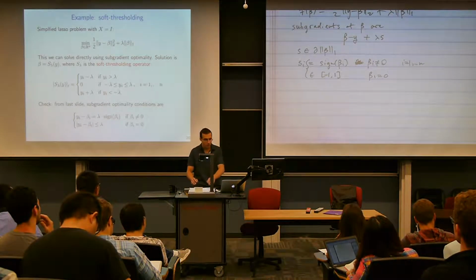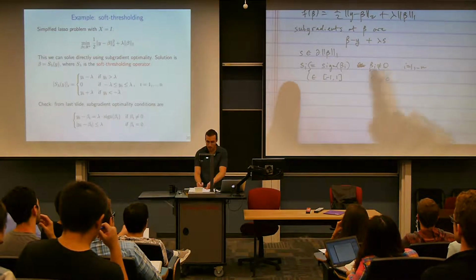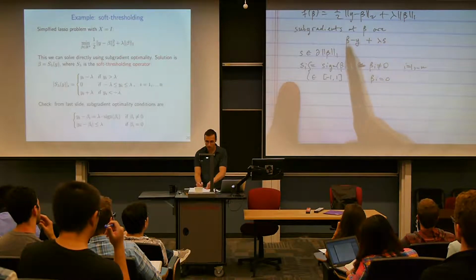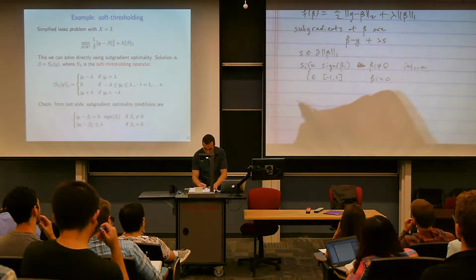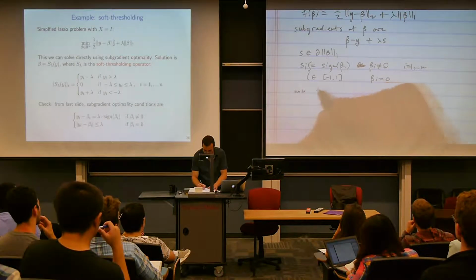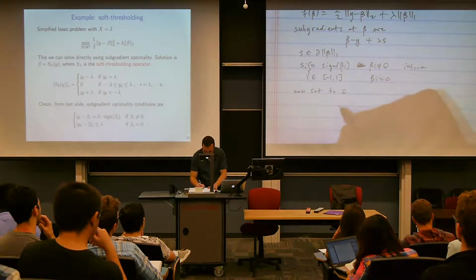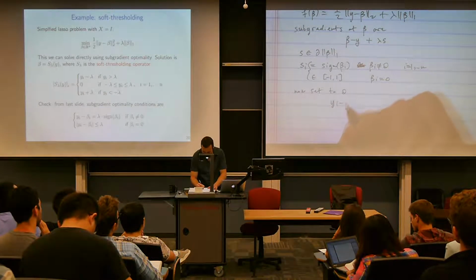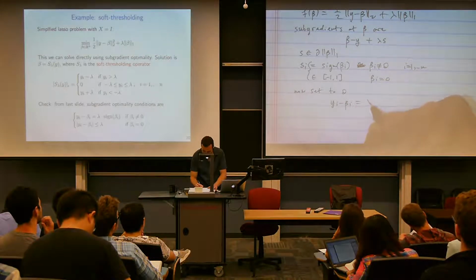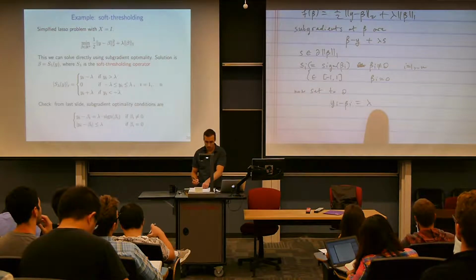Okay, so we want to choose beta so that we can make this subgradient of the criterion equal to 0. So let's set it equal to 0. Now set to 0, we get yi minus beta I is equal to lambda times si, right? I'll just write it out.